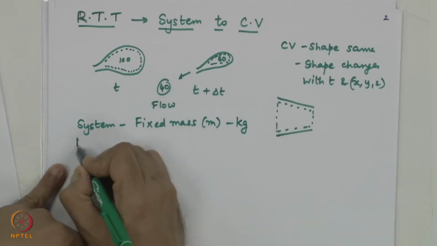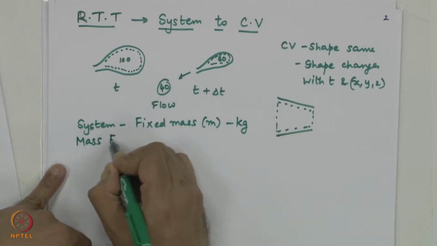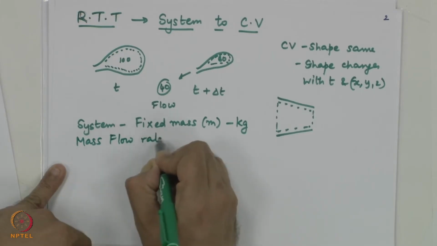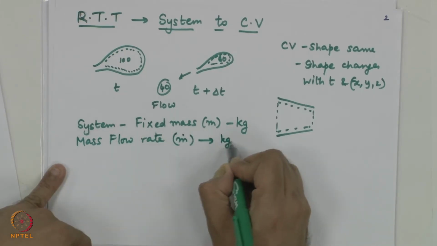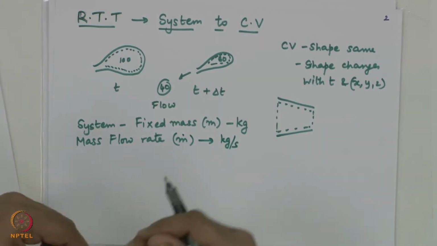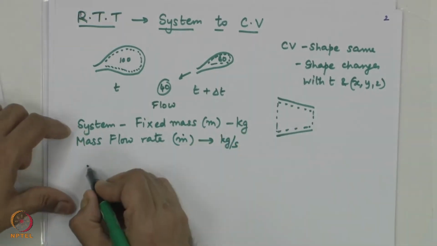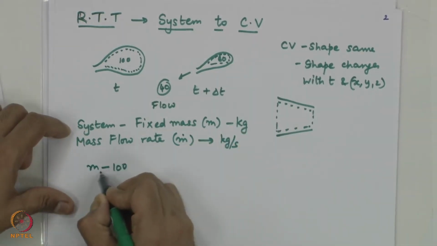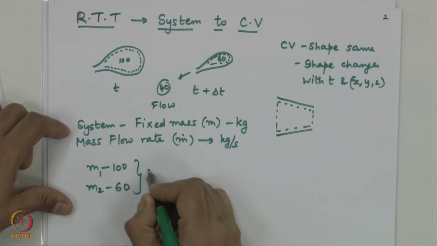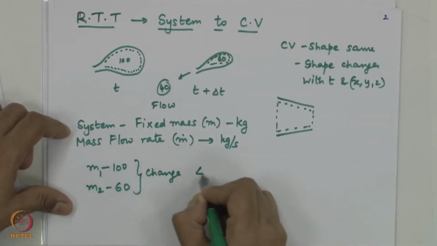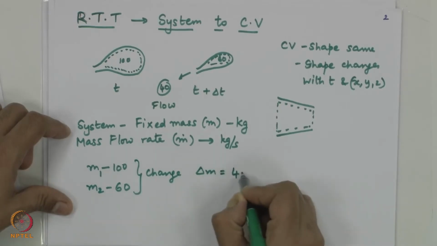Kilograms. Mass flow rate is m dot. What is the carrier of momentum and energy? Mass flow rate. So original mass was say 100, new mass is say 60. Change in mass is delta m, which is equal to 40.